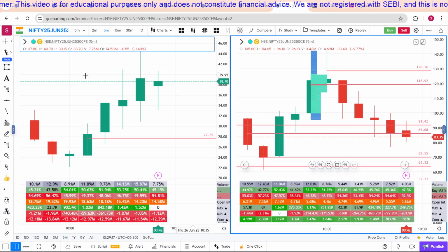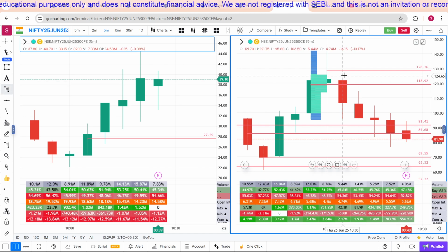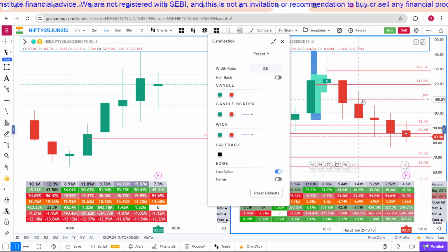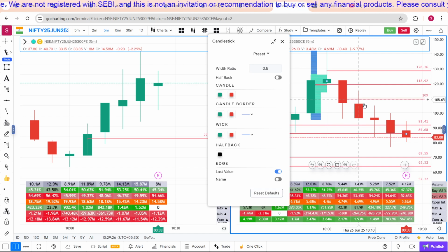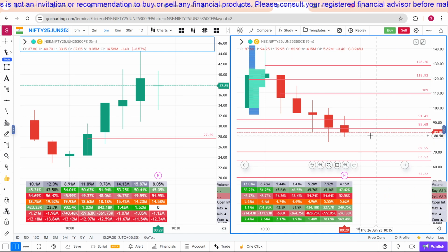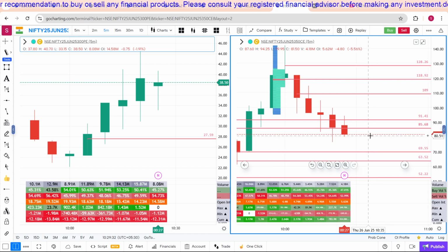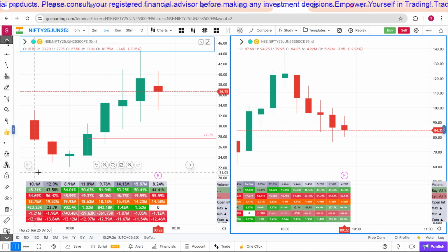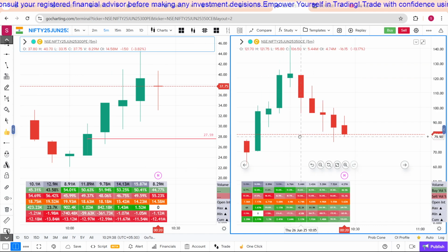Some buying also here. Then what to do? At this level go for a short. 109. 109 shorting, now trading at 83. Got it? And this way only we have to trade.